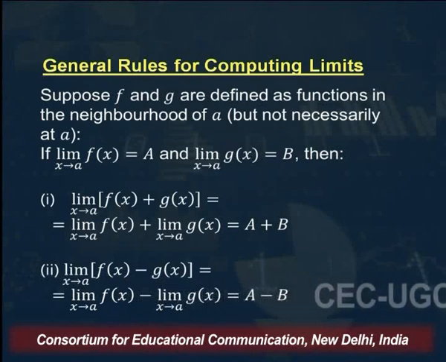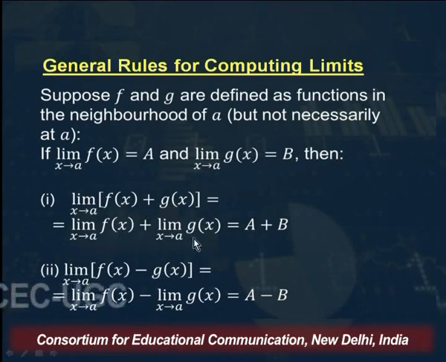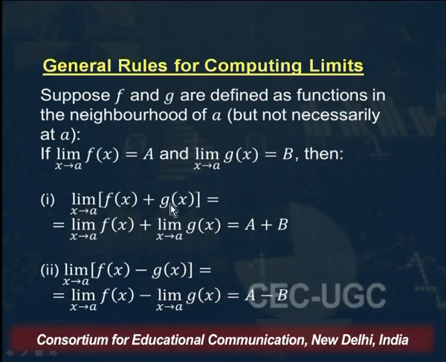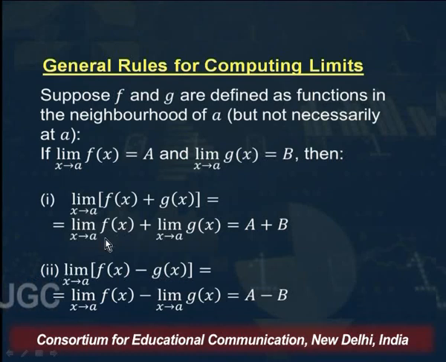The first rule says that the limit of the sum of two functions is the sum of the limits, right? So the limit of the sum of the functions f of x plus g of x as x tends to a is the limit of f as x tends to a plus the limit of g as x tends to a.